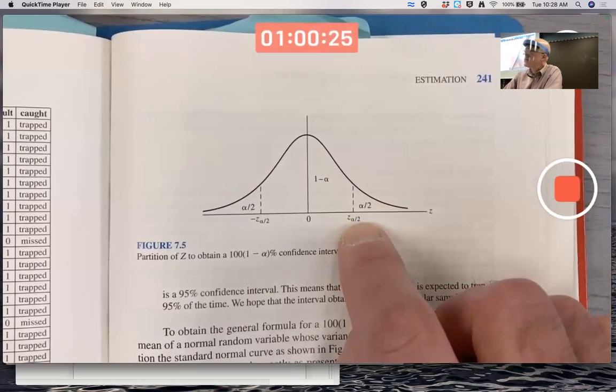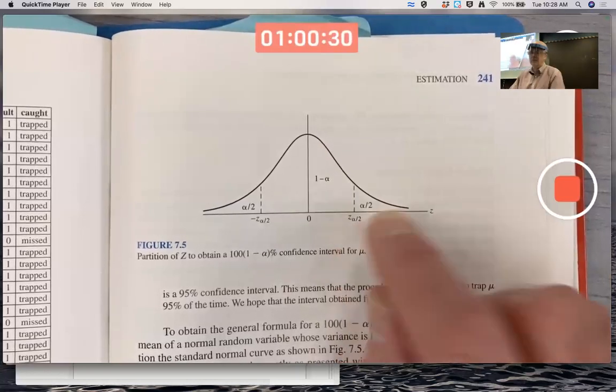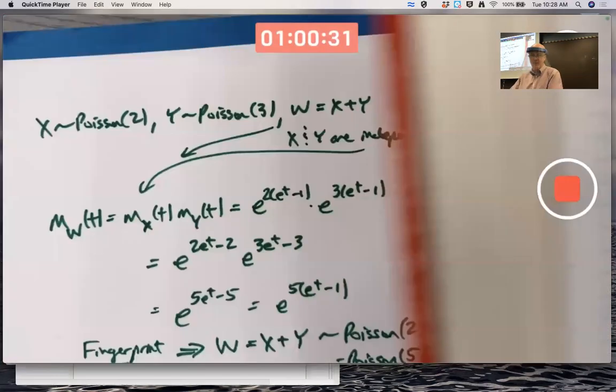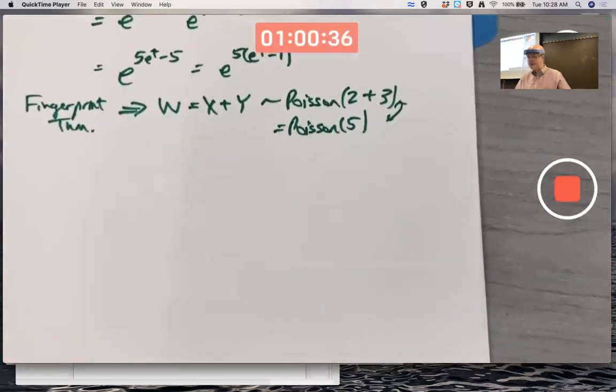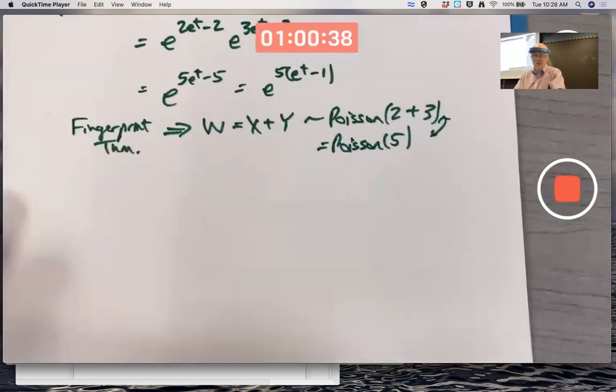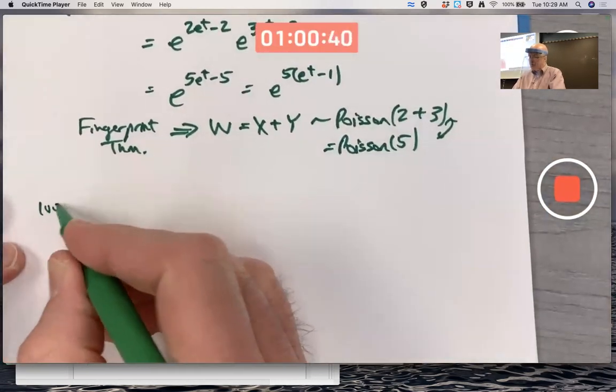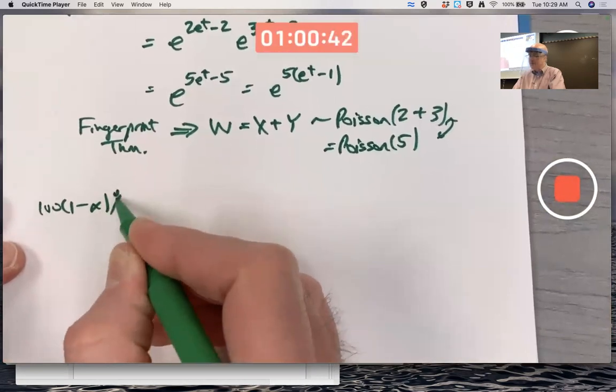And the most common example is a 95% confidence interval, which you write with alpha as 100 times 1 minus alpha percent.